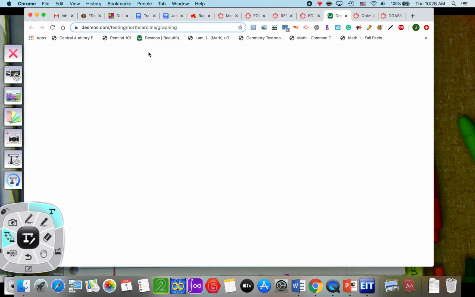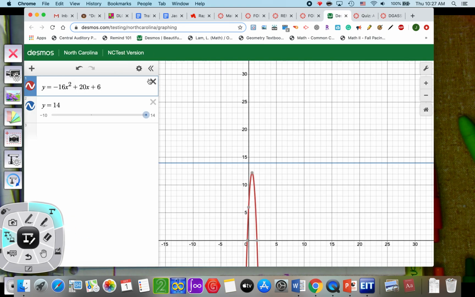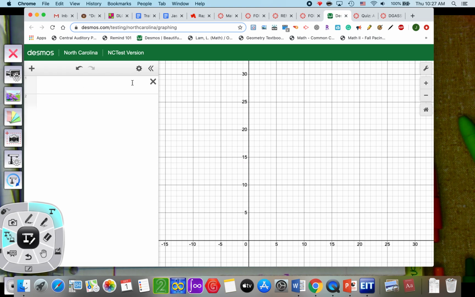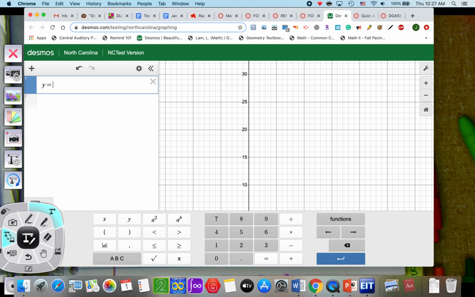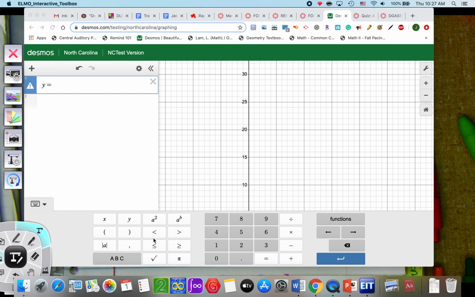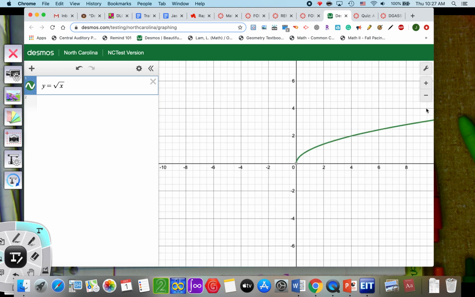First thing I'm going to do is graph the parent function we were talking about. And that's just y is equal to, your radical symbols are down here. You just click that little icon that's hidden there. And here's your radical, and that's a square root. Whoops, didn't come up. Let's try that again. Here's your radical, and I have my x. So I'm going to click this button, the home button, to get me back into the middle of the page.